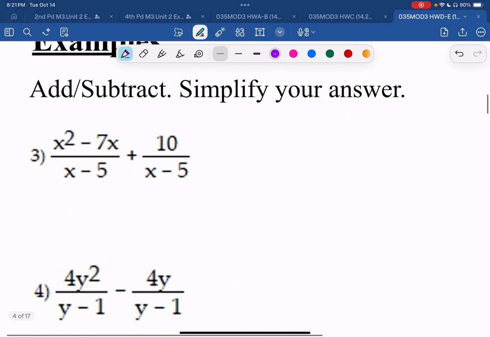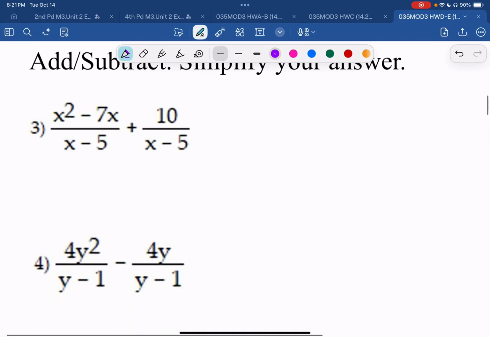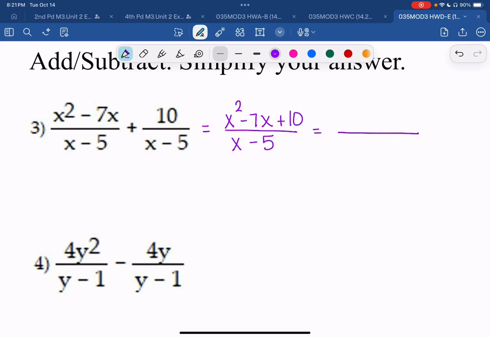Example 3. Again, my denominators are the same. So I'm going to combine to get x squared minus 7x plus 10 over x minus 5. Now, we always want to try to simplify. I have x squared minus 7x plus 10 in my numerator, so I can try to factor it.